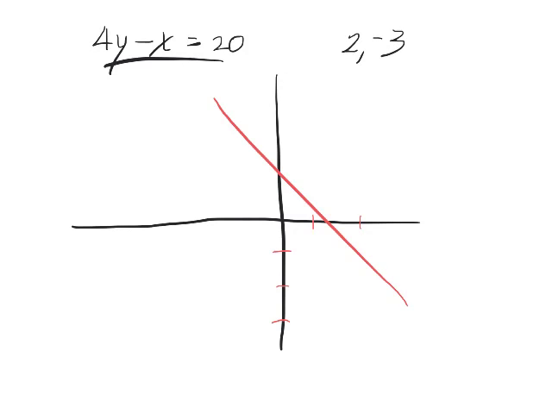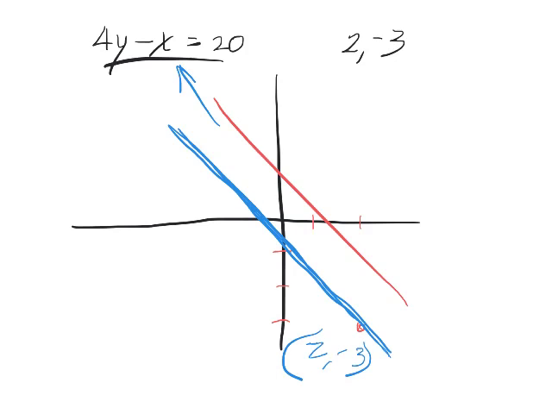So it goes through a point right here and is parallel to this line right there. So I'm trying to come up with this blue line here, the equation of that line that goes through the point 2, negative 3, and is parallel to the red line. So that's what I'm going to try to do.